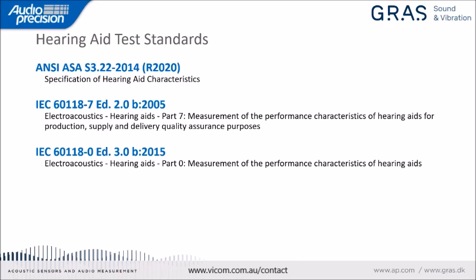For example, if you were developing a new model of hearing aid and you wanted to develop a data sheet or specifications that you would deliver to a country that you're introducing the hearing aid to, you would more likely follow the tests in this standard. This covers a wider frequency range. I think it goes from 200 hertz to 8 kilohertz, whereas the production test standards cover 200 hertz to 5 kilohertz. There are also some additional tests in the Part 0 standard that are not part of the Part 7 and the ANSI S3.22 standards.